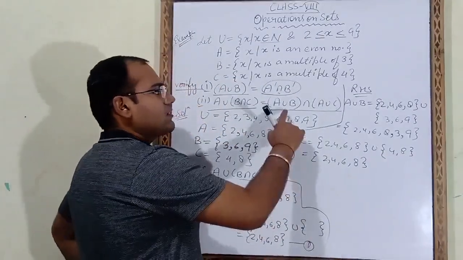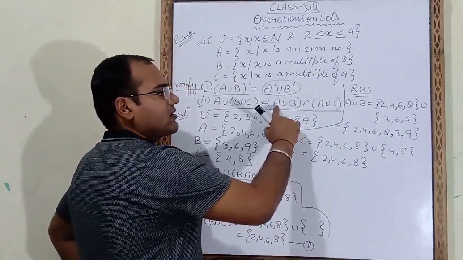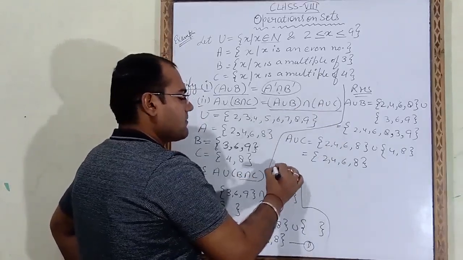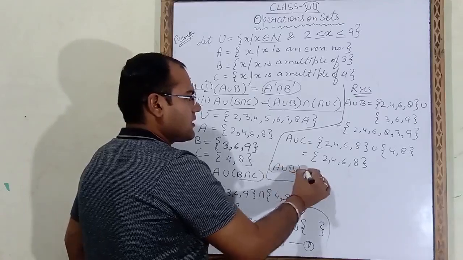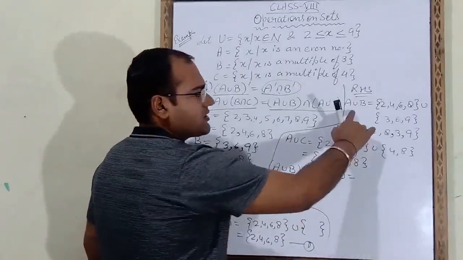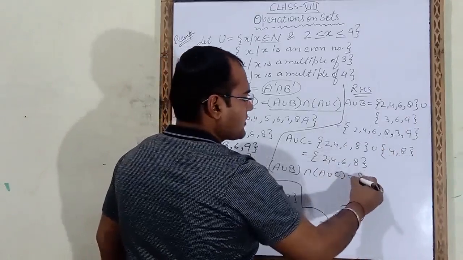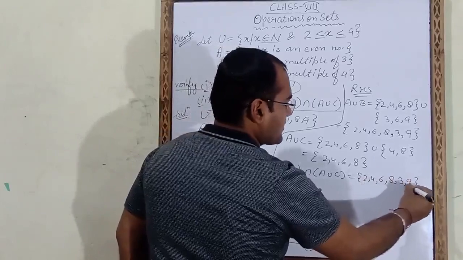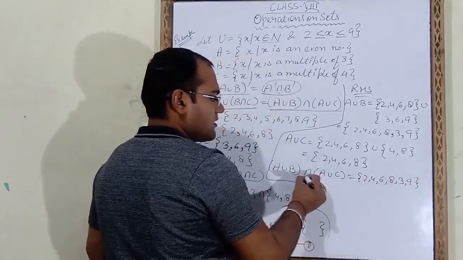Now in the right hand side, between these two, intersection is coming. So now we will find A union B intersection A union C. The A union B answer is 2, 4, 6, 8, 3, 9. After that, intersection.